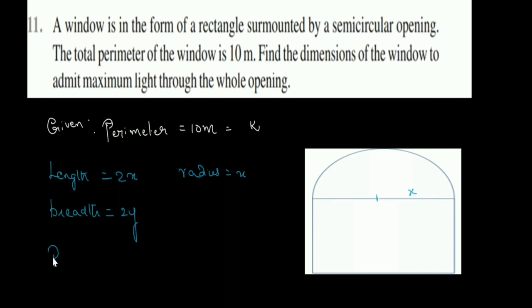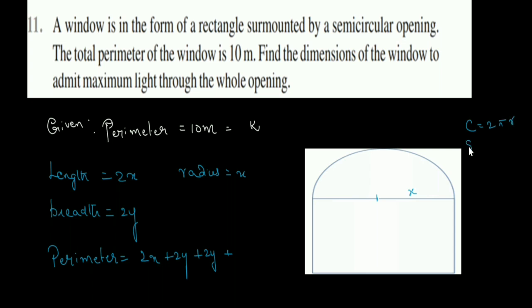So what is the perimeter now? 2x plus 2y plus 2y, plus the circumference of a semicircle. What is the circumference of a circle? It is 2 pi r.